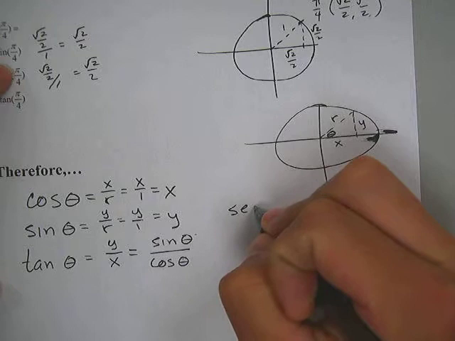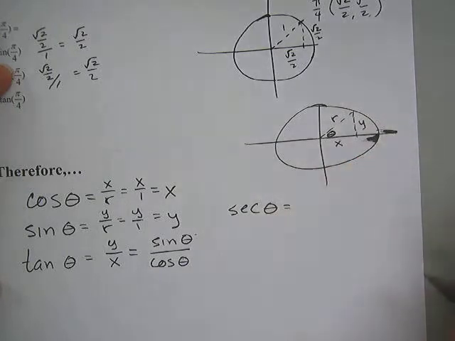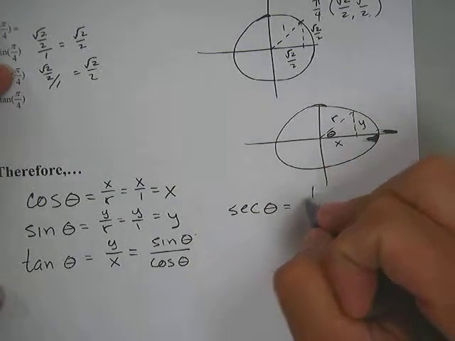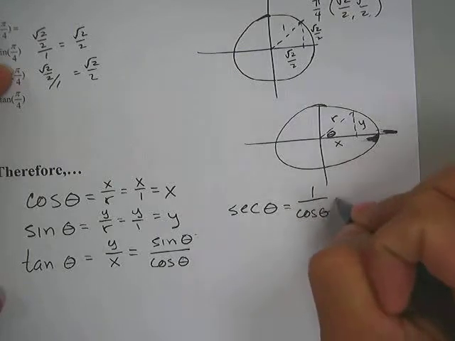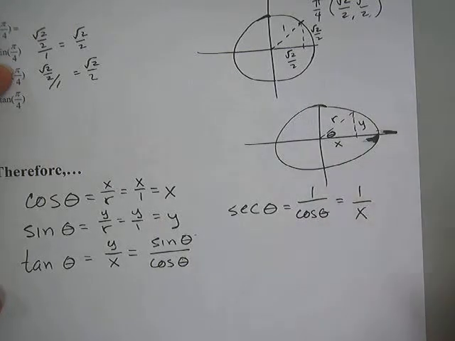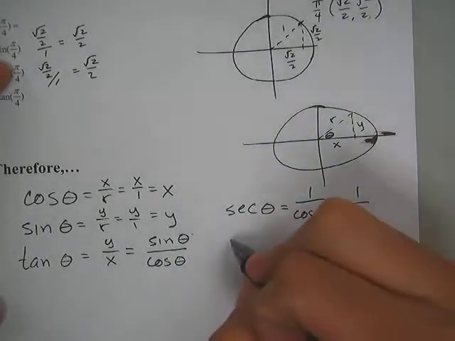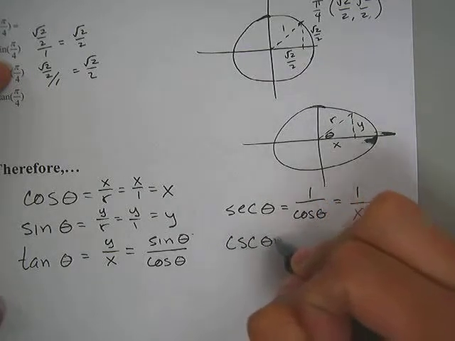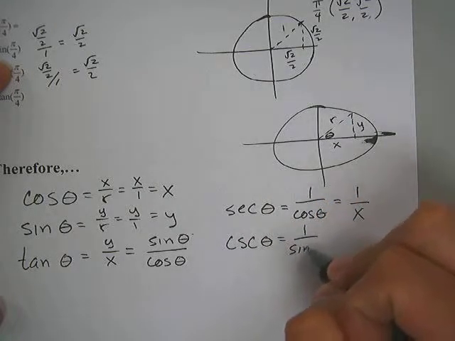Now, like everything else we've done, the reciprocal functions all work the same way as well. So if we were to do secant of theta, that would just be 1 over cosine, as we know, which therefore means it's 1 over x.